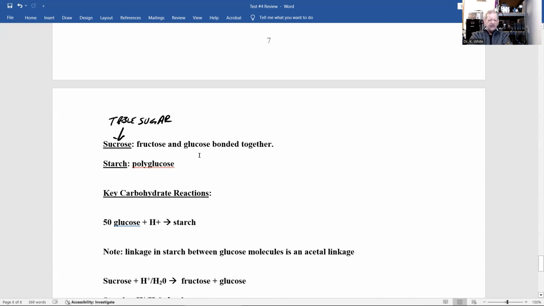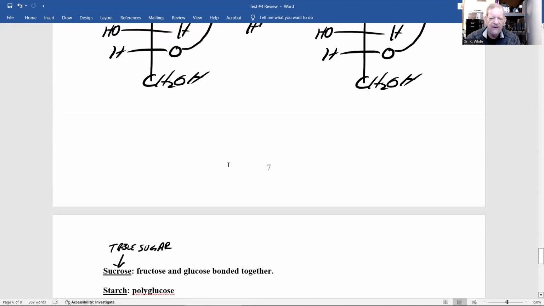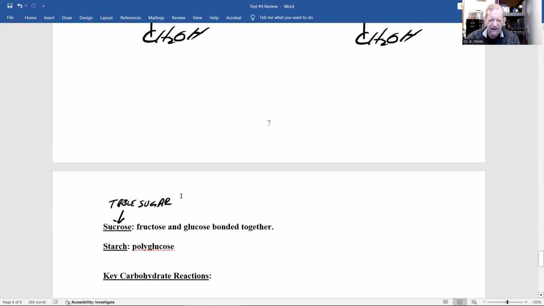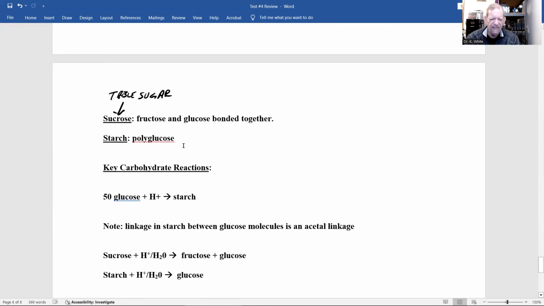Now, starch is a polymer of glucose. I didn't ask you to learn how to do what I showed in the video, but glucose molecules come together via this type of reaction. And therefore, the functional group in starch is an acetal linkage, which I'll talk about in a second.